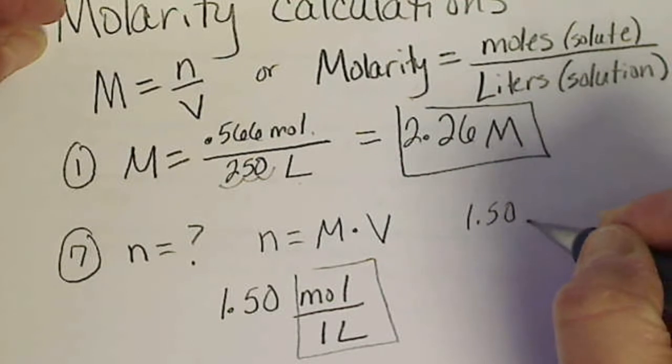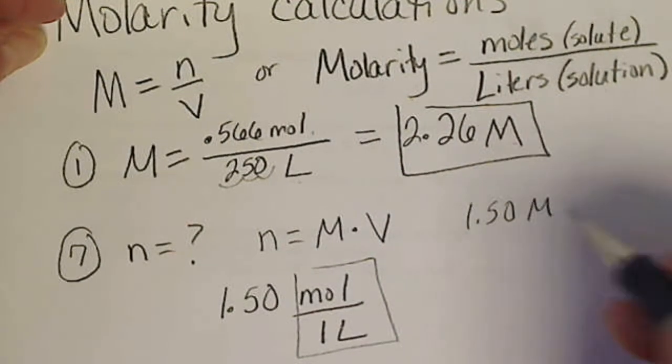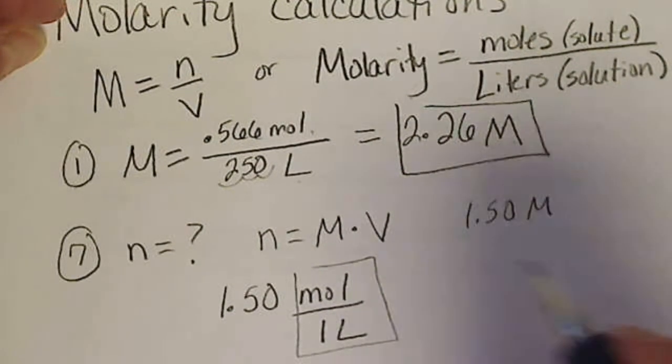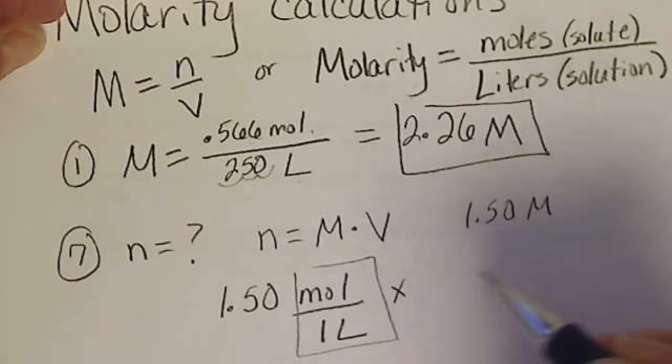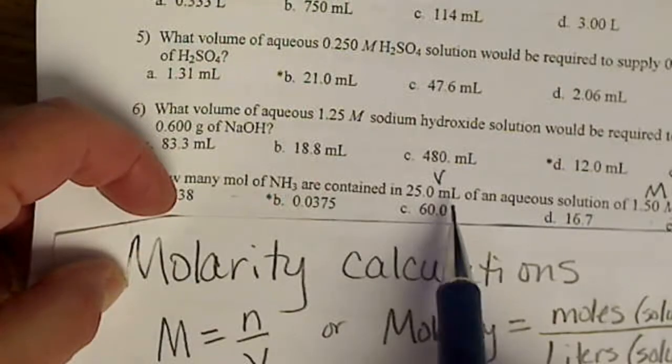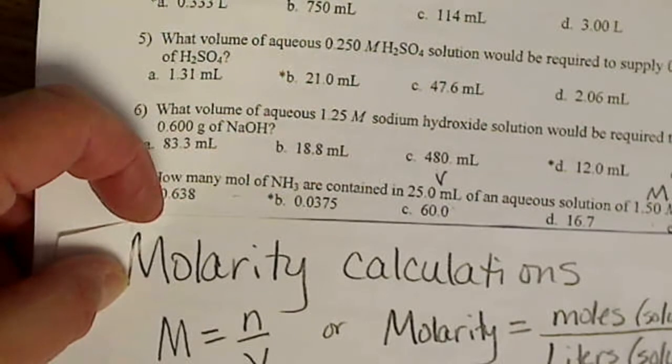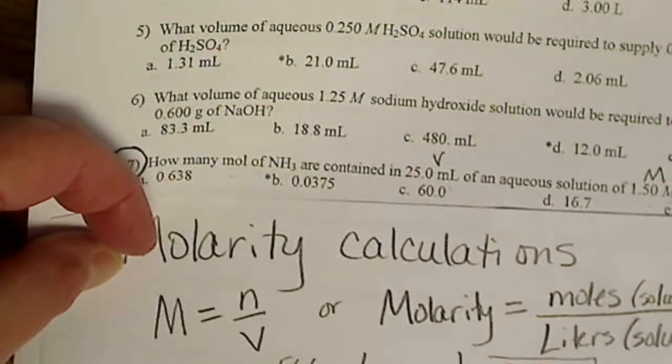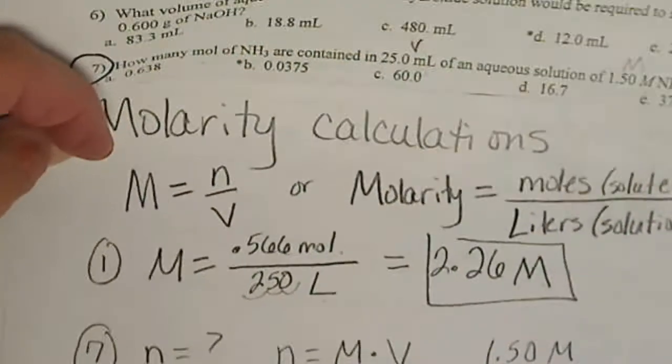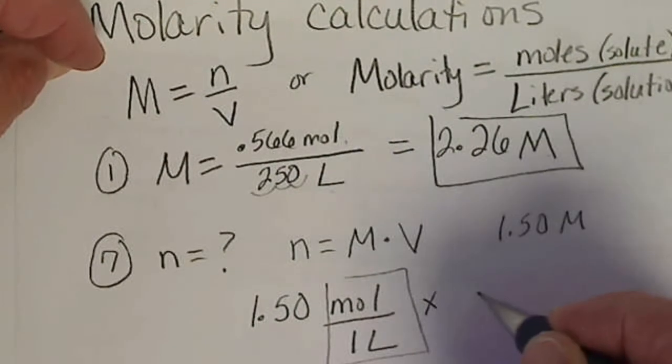That value was given. And then if I multiply that by the 25 milliliters, so our volume is normally going to be in milliliters, so we've got to convert 25 milliliters to liters.